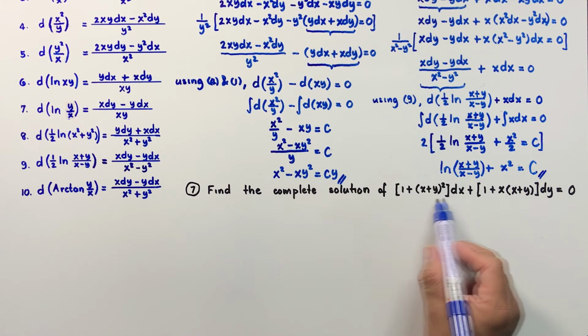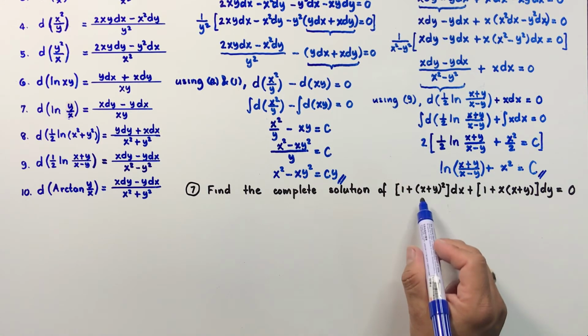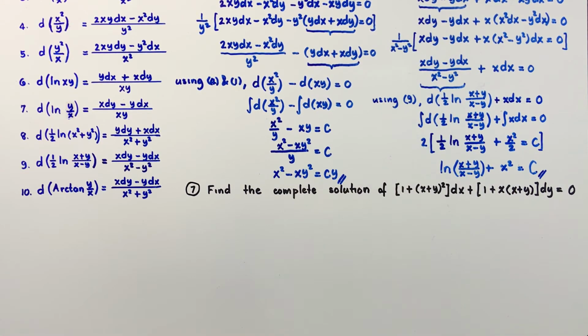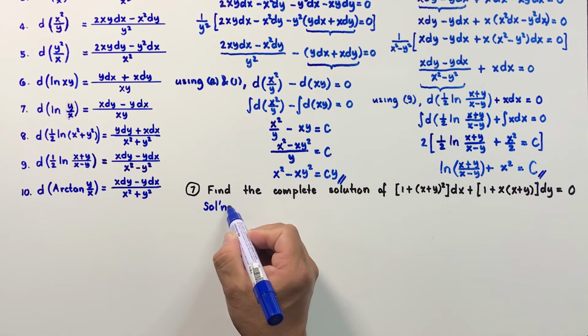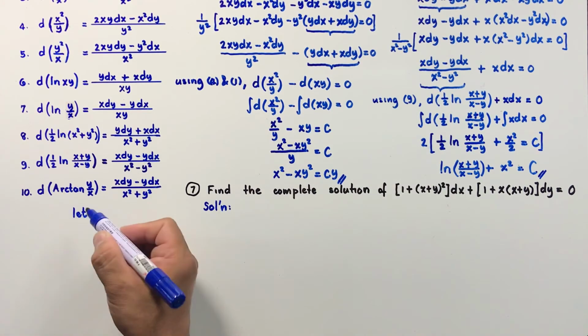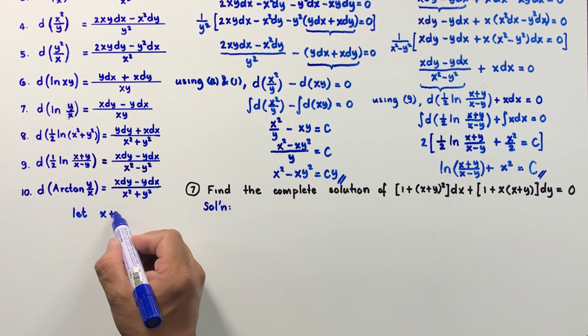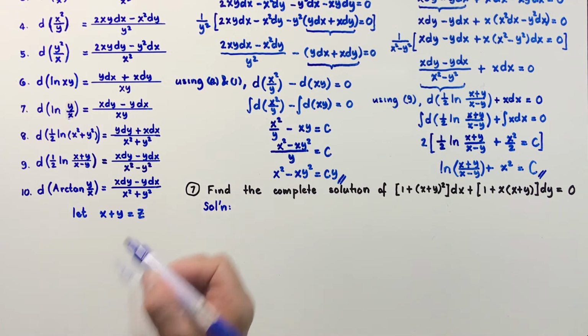Now, looking at this differential equation, it is difficult for us to see the integrable combinations due to this x plus y here. So, to simplify our differential equation, we may use a dummy variable to represent the sum of x and y, say z here.